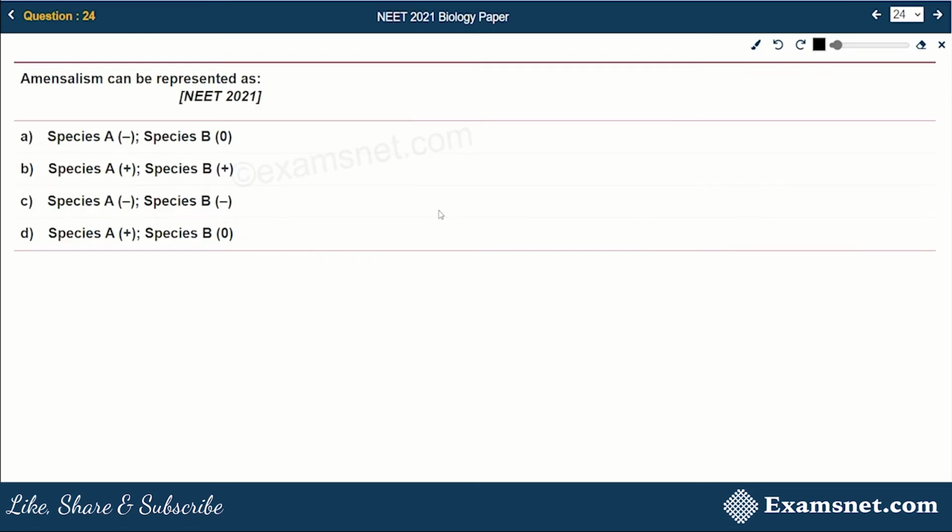Question number 24 is from the chapter Organisms and Populations, class 12, and the question is: amensalism can be represented as. So here we have to remember that whenever there is an interaction between any two organisms or species, this interaction can be a positive interaction, a negative interaction, or a neutral interaction for one or both the species.